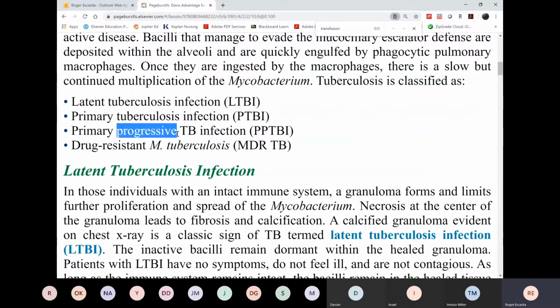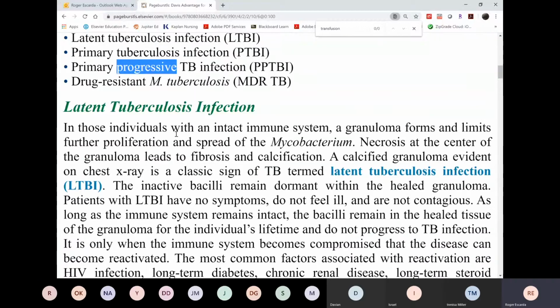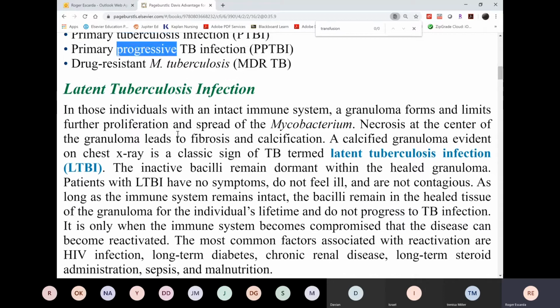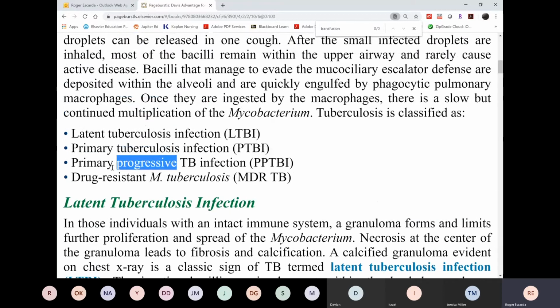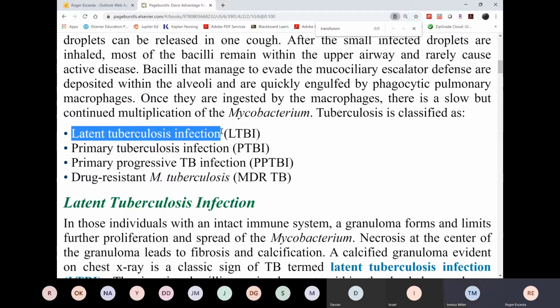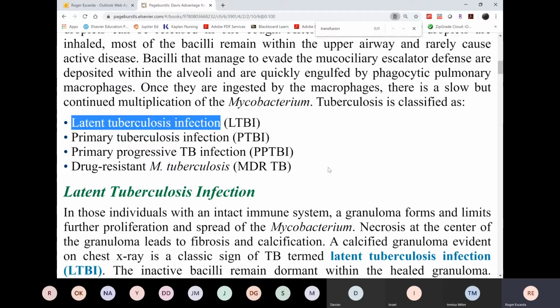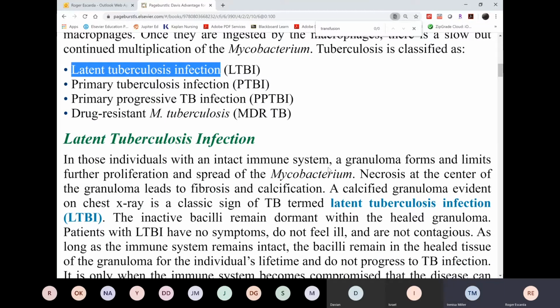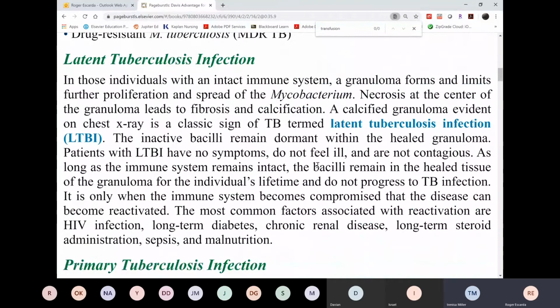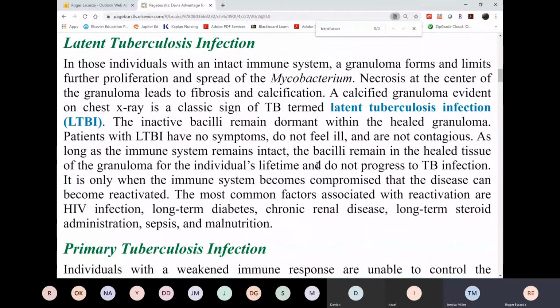The one preventing that is my immune system. Apparently I have a good immune system, because I didn't have primary progressive TB infection. So what I do have is latent TB. I know someday if my immune system becomes compromised for whatever reason, I could reactivate it.